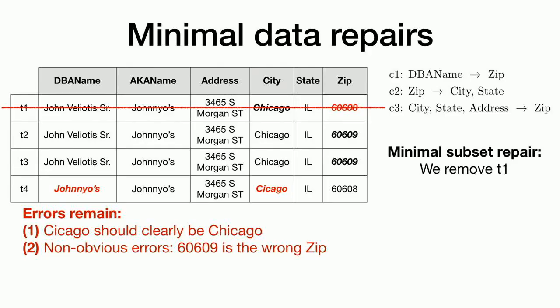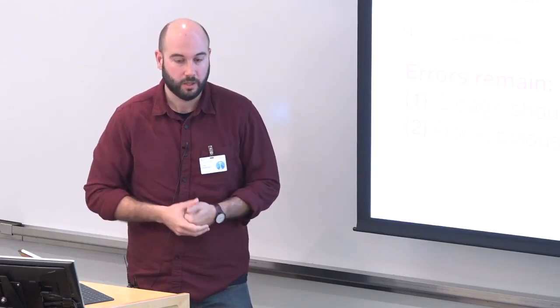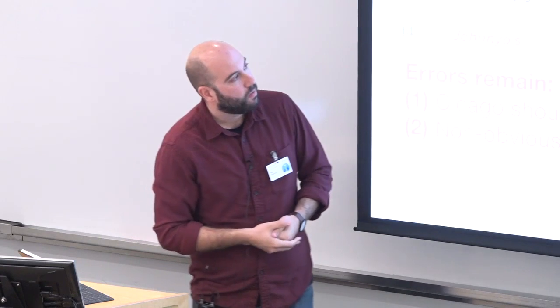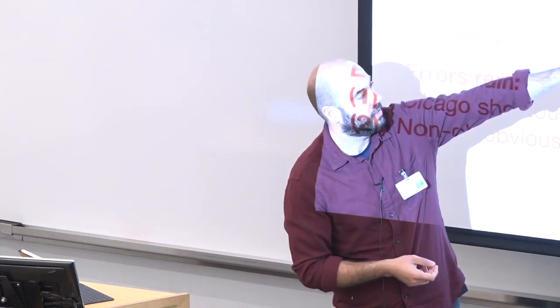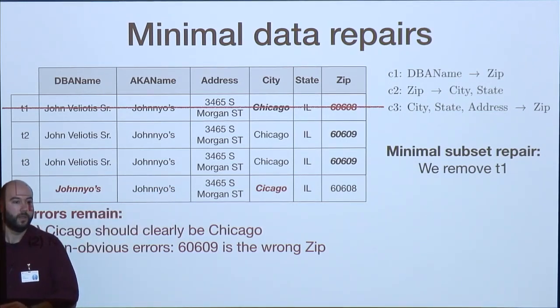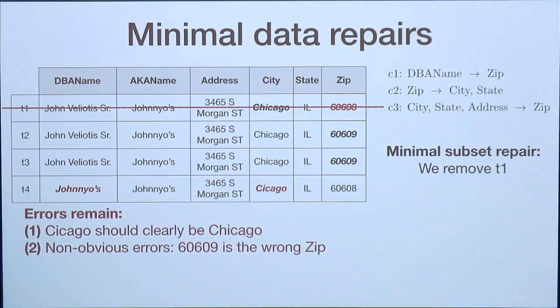However, what I just did here is remove the correct tuple. And not only that, I actually have errors that persist. These two errors, the obvious typo, is not fixed just by enforcing the integrity of these constraints. And I actually have non-obvious errors. This 609 is actually the wrong zip code, and now my integrity constraints are not powerful enough to capture that fact.